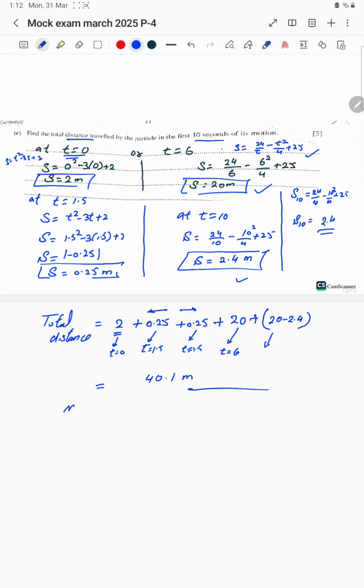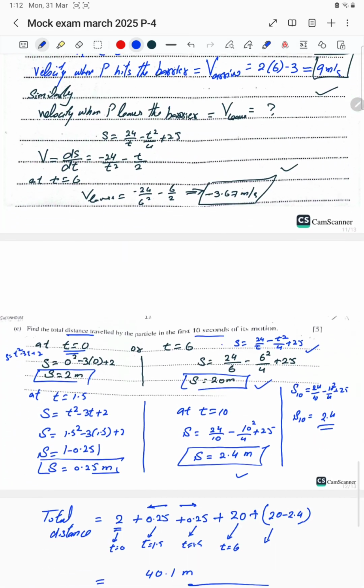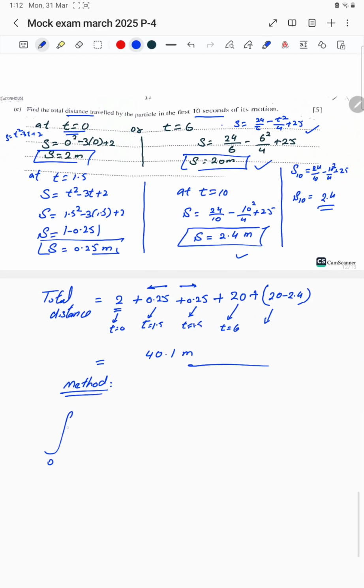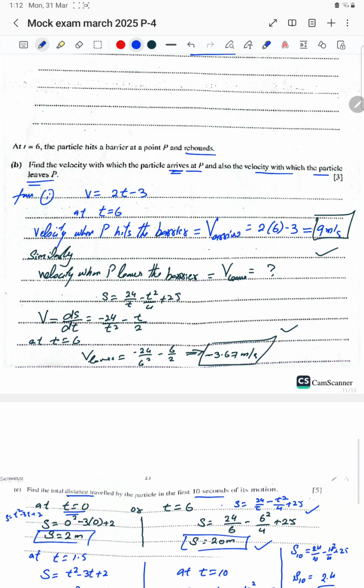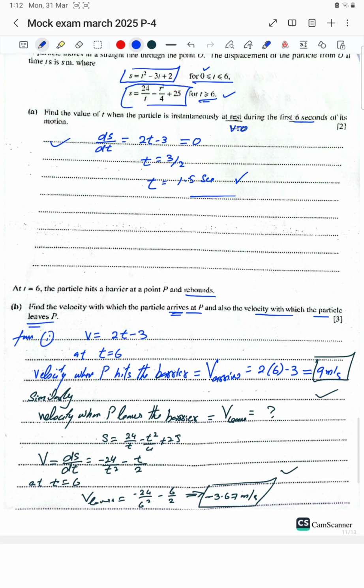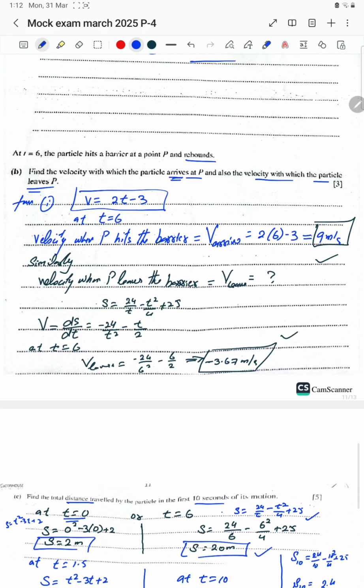For the second part, we can go over the second approach. You might feel it easy. You can do this by integrating for the total distance. For the first case, it was from 0 to 6. From 0 till 6, for total distance, V was what? We have calculated here, 2t minus 3.